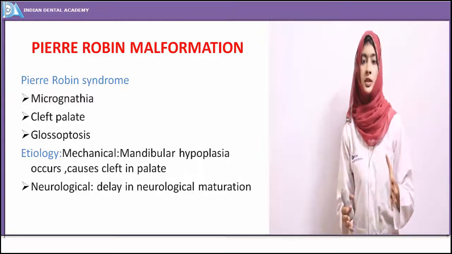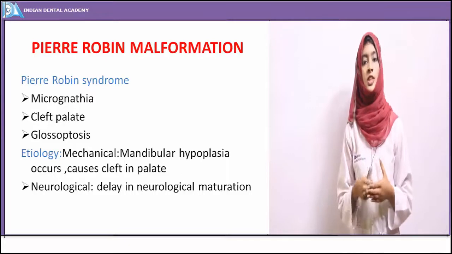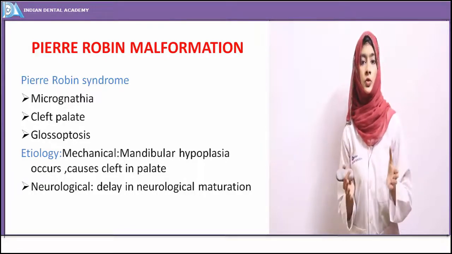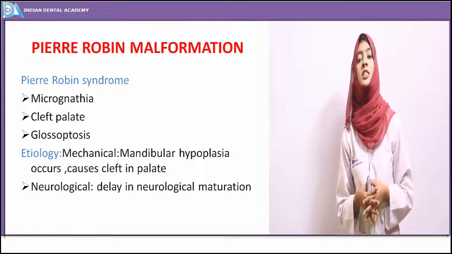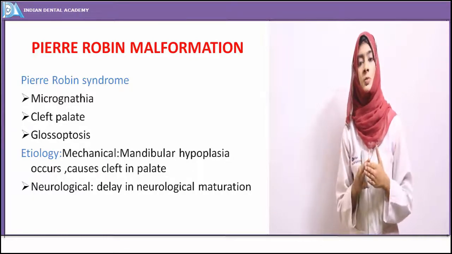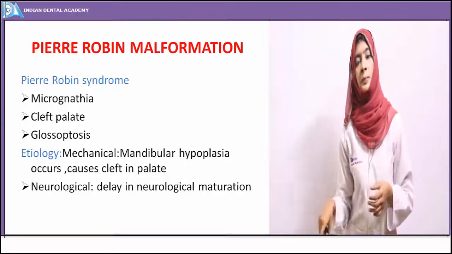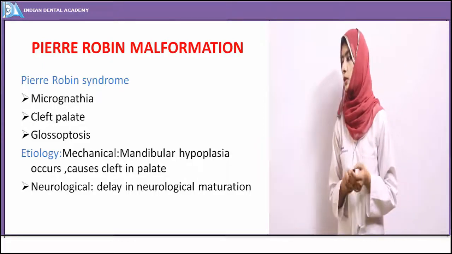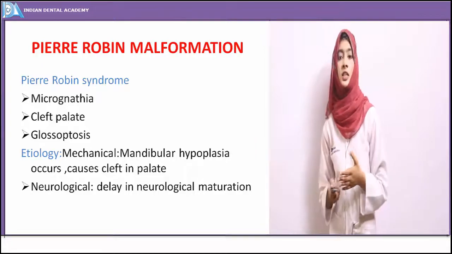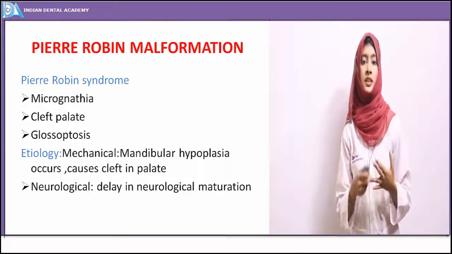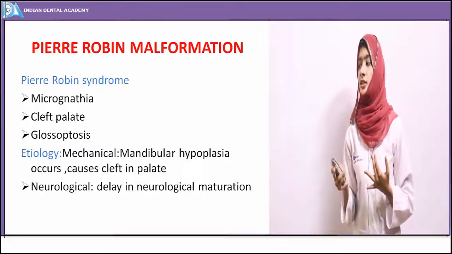Because of the mandibular hypoplasia, the tongue remains high in the oral cavity, failure of fusion of the palatal process occurs, and the cleft remains. The cleft will be V-shaped. The other common theory is a delay in neurological maturation of the cells that gives rise to micrognathia or the syndrome.